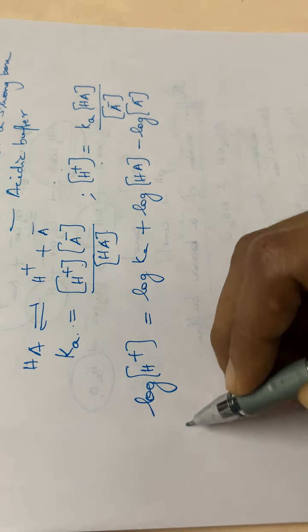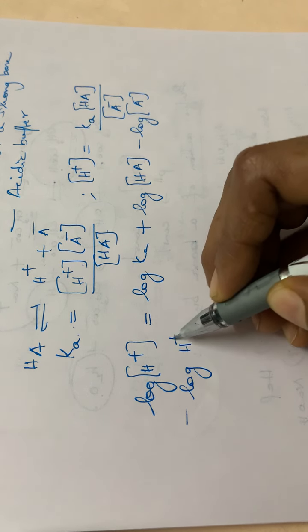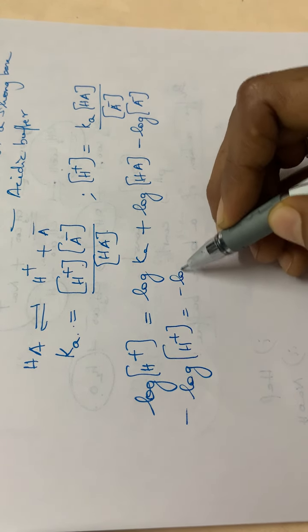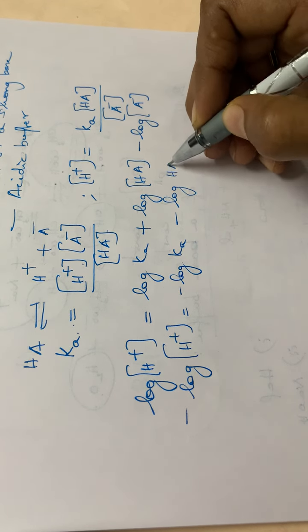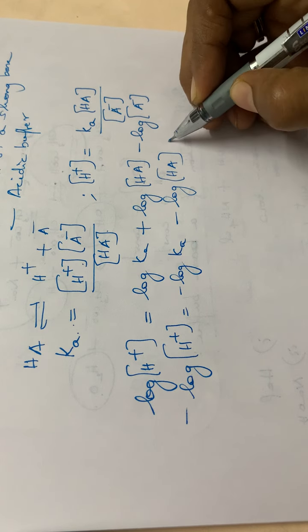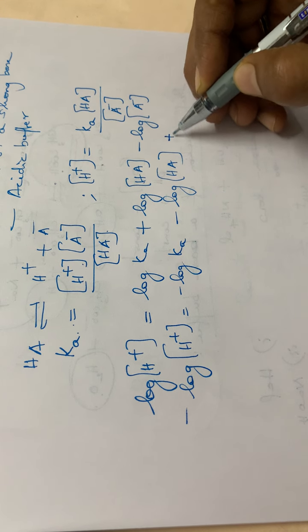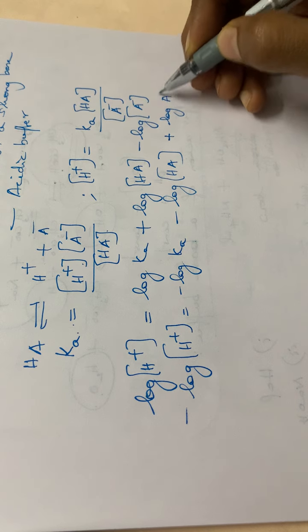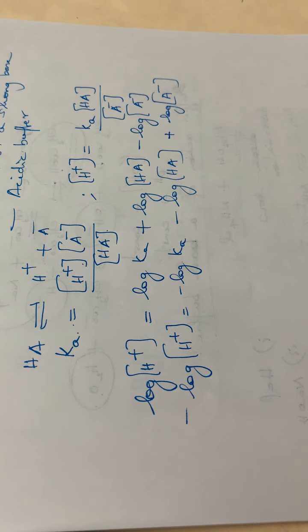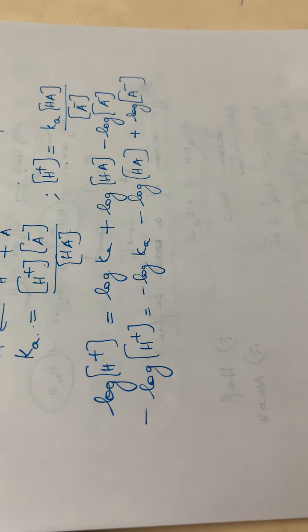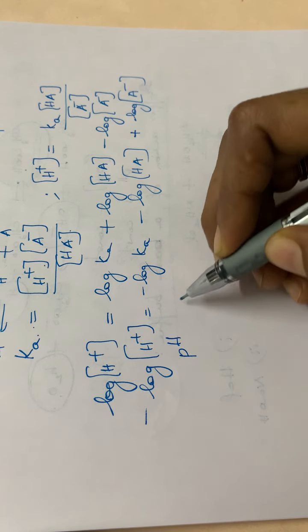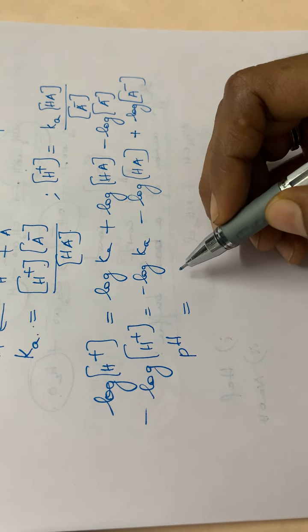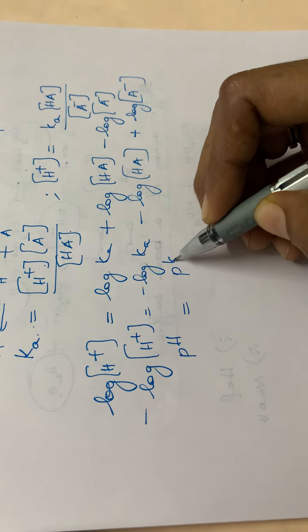So this becomes minus log H plus is equal to minus log Ka minus log HA plus log A minus. Minus log H plus is pH, that is equal to minus log Ka, and minus log Ka is pKa.